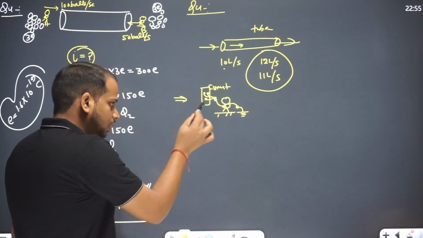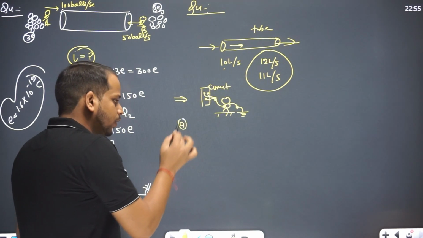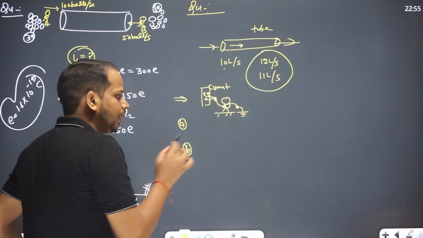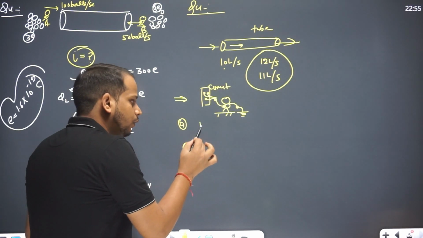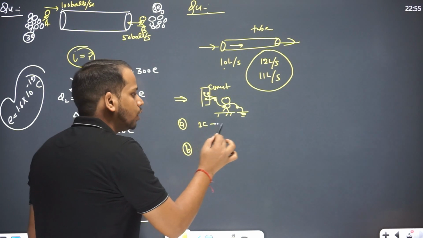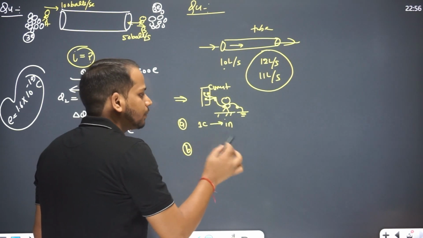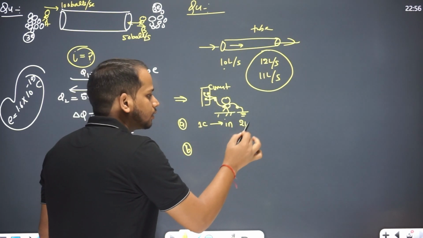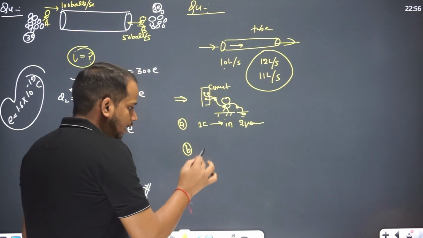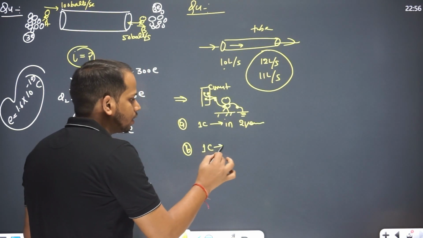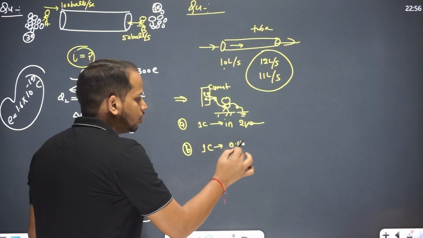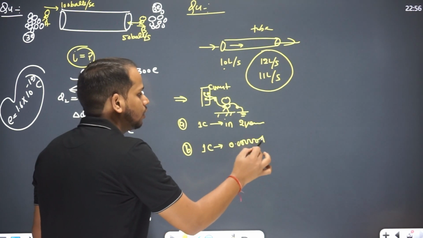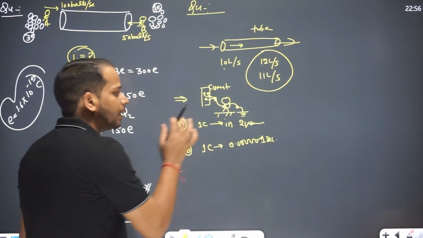There are two situations, situation A and situation B. In one, 1 coulomb charge is flowing through you in 2 years, and in the next, 1 coulomb charge is flowing through you in 0.00001 second. What will happen with you?